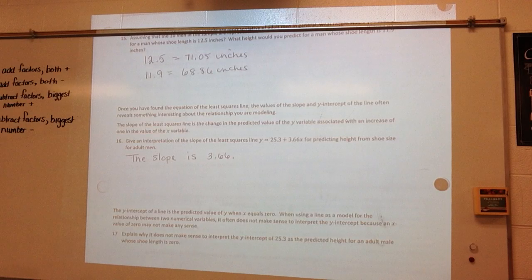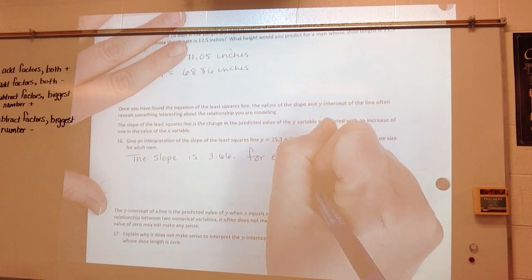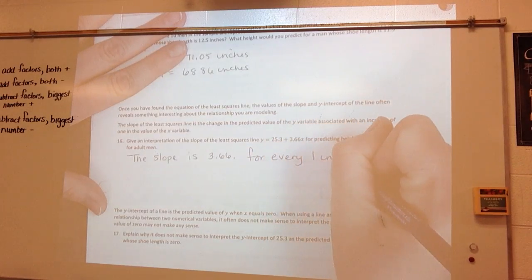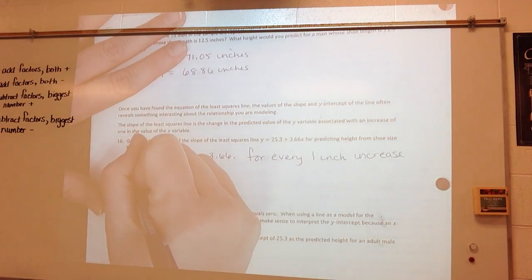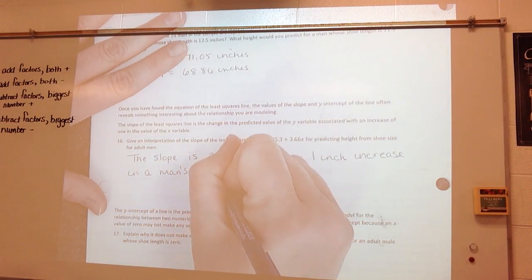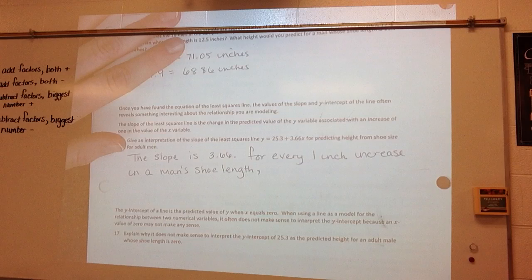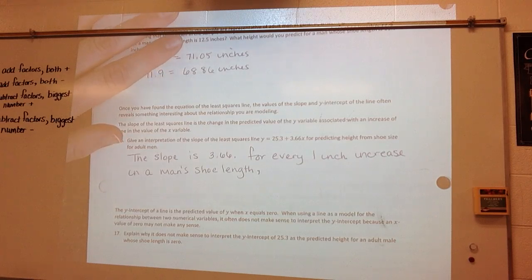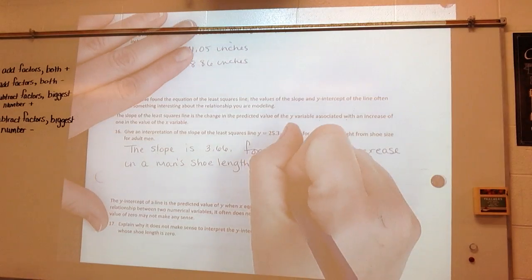What that means is for every 1 inch increase in a man's shoe length, you would estimate an increase of 3 66/100 inches in height.